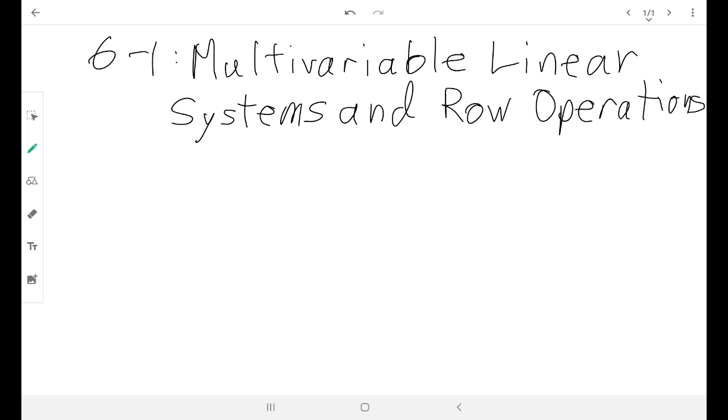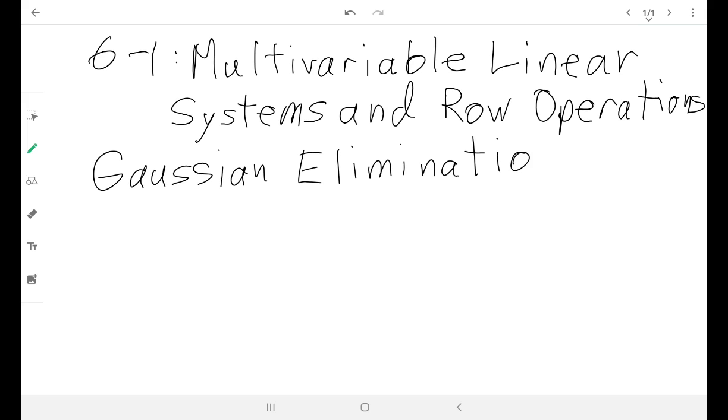And the first thing that we're going to talk about is something called Gaussian elimination. So I'm going to give you some information about Gaussian elimination, and then we're going to do an example as we tend to do.